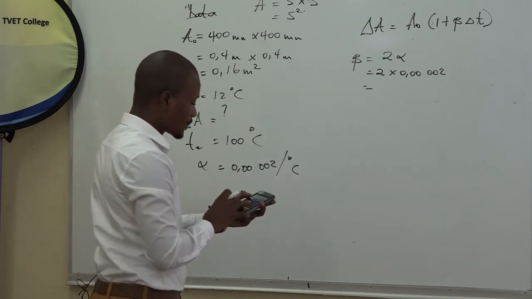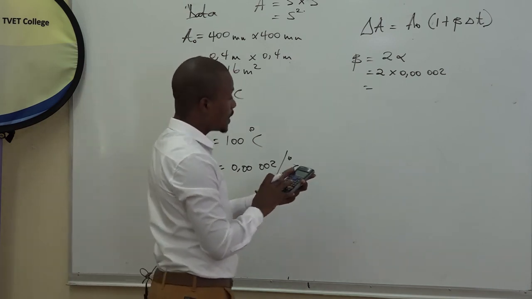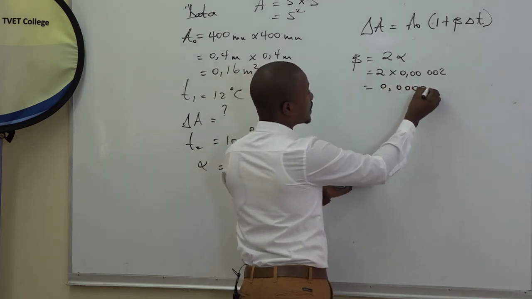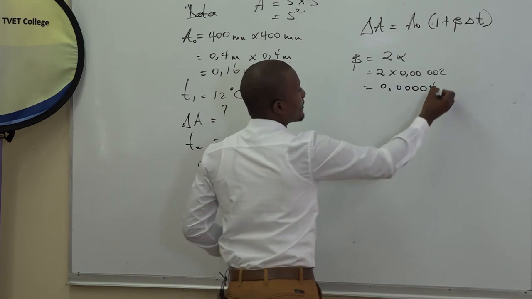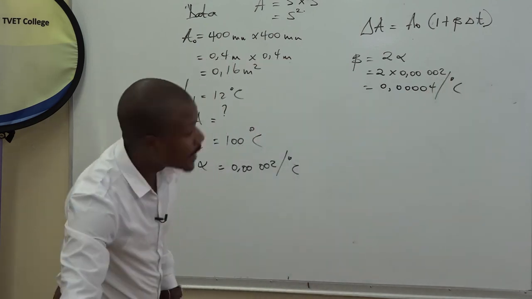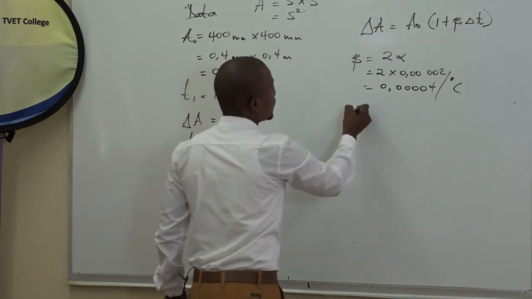This will be 0.00004 per degree Celsius. And now we can jot in our information there.